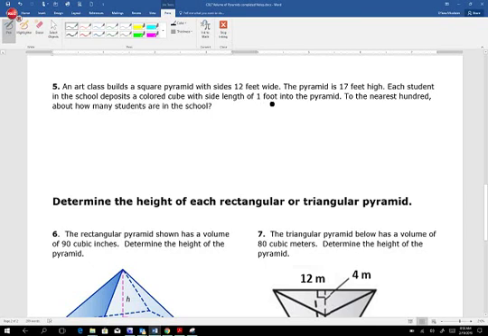It's actually pretty interesting because it only being 1 foot, meaning that it's 1 unit. It would be a little bit different if maybe they had said it was a 2-foot pyramid or a 3-foot pyramid. We would then have to divide by this number, but since they used 1, then we are able just to find the volume of the pyramid to determine how many students are in the school.